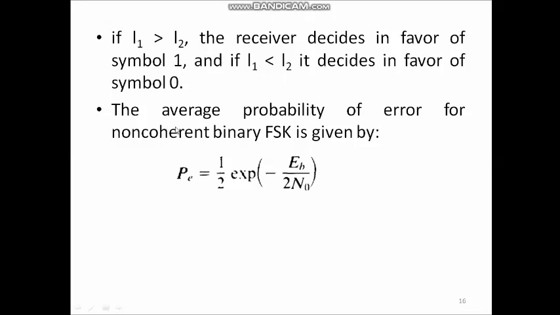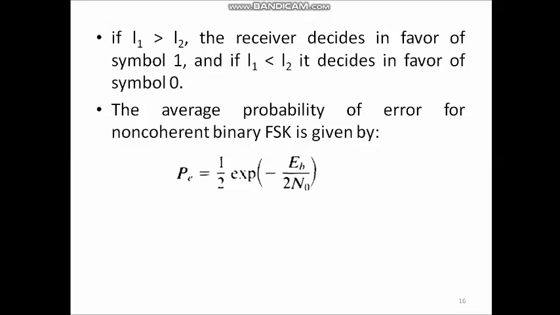Next, the average probability of error for non-coherent binary FSK is given by the equation: probability of error equal to 1 by 2 exponential minus Eb by 2 N naught. This is the expression for probability of error in the case of non-coherent binary FSK. You need to remember this equation. Basically, in non-coherent binary FSK, the probability of error is more.